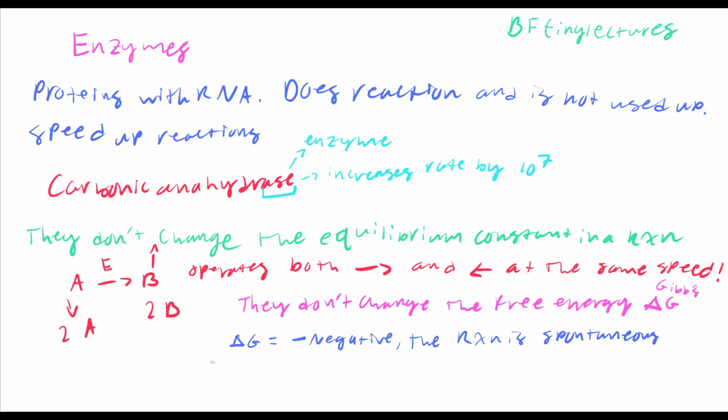Okay, so what happens when it's not spontaneous? Well, when delta G is positive, the reaction is non-spontaneous. So you can consider the reaction not going to completion. It's not going to happen, right?